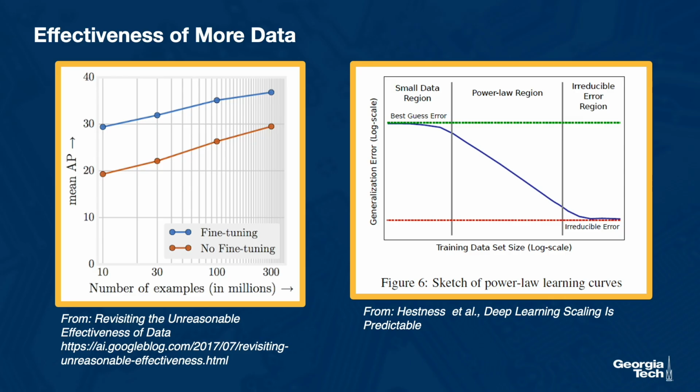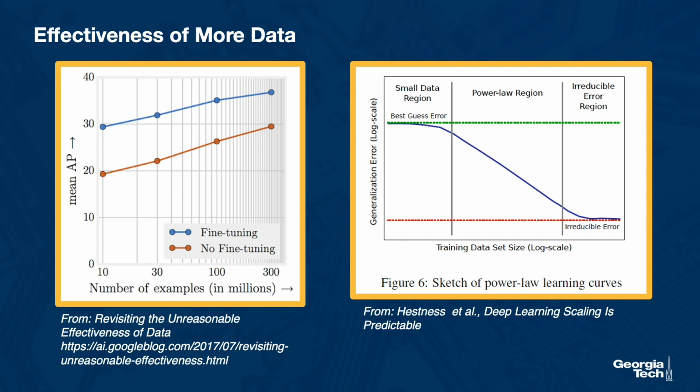And you could see this both for fine-tuning from ImageNet classifier weights and for no fine-tuning. In both cases, you get significant improvement. And the curve is still linear, and again, this is in a log scale, and so we know that more data will continue to help. We haven't reached the peak here.